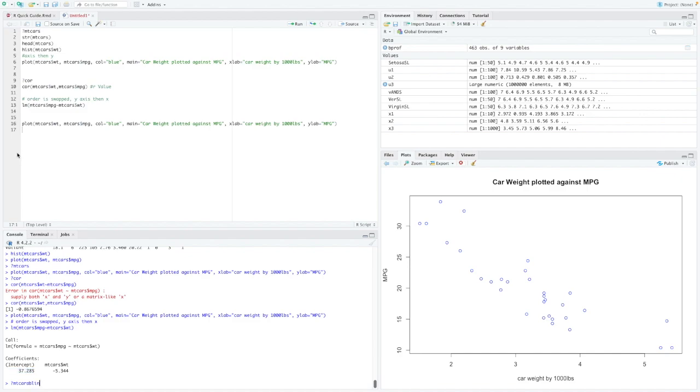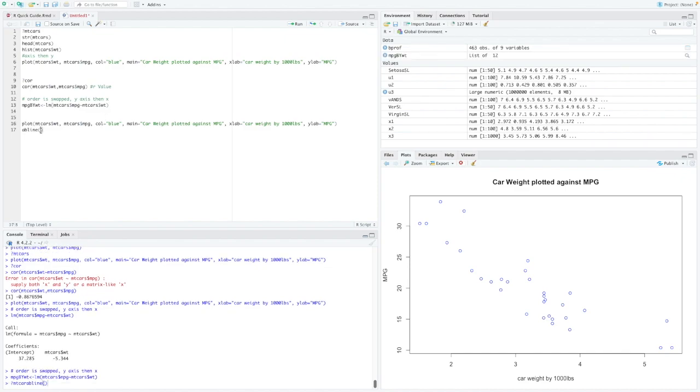So I do abline of our linear model. I could go ahead and put in this linear model, or I could name it. I could call it MPG by weight.